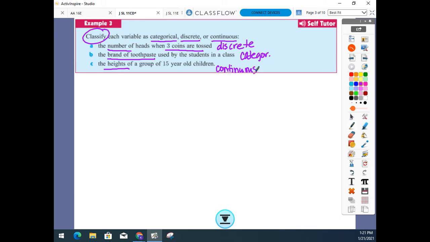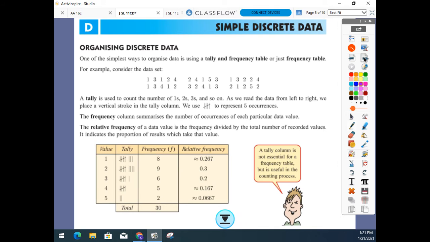Letter D is going to be a little bit more in depth. And it's all in organizing discrete data. All right, so the first thing, I don't know how you want to do this. If you notice on the next page of notes, I actually put this table there. So we use a tally by using tally strokes. That represents 5. So you could have 1, 2, 3, 4, 5 as values, and then you kind of go through and mark.